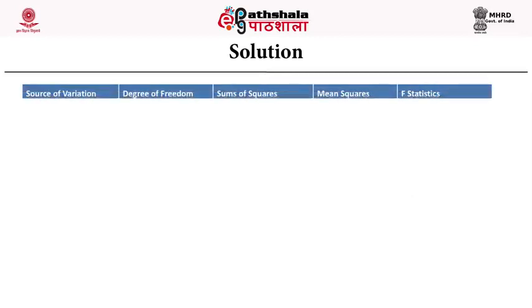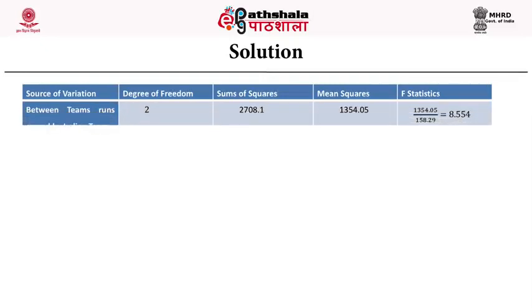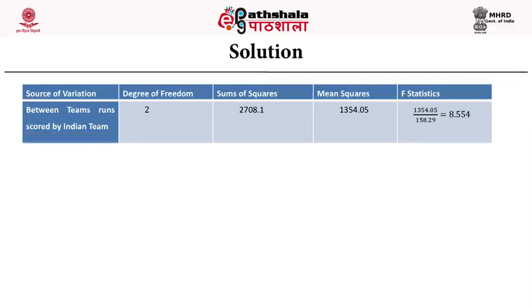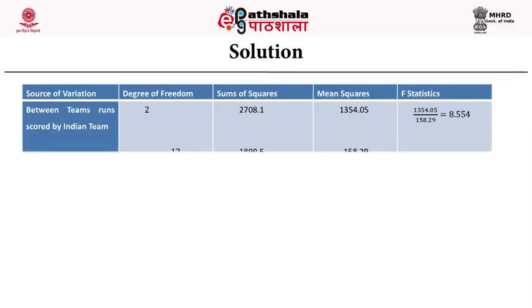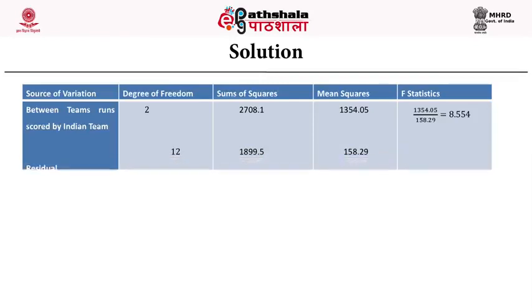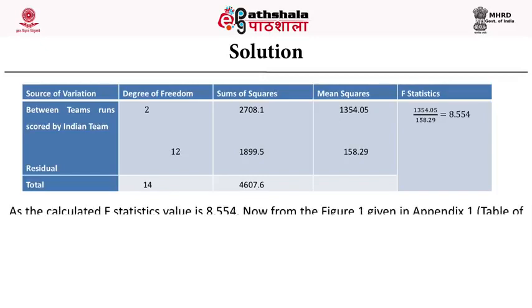From the table, after solving the different sums of squares, we put the values in the table here, and the calculated F statistic value is 8.554. Now from the figure 1 given in appendix 1 at the end of the e-text, at 5% level of significance, the value of F with 2, 12 degrees of freedom is 3.885.